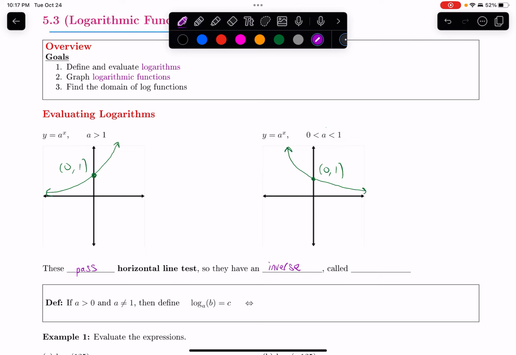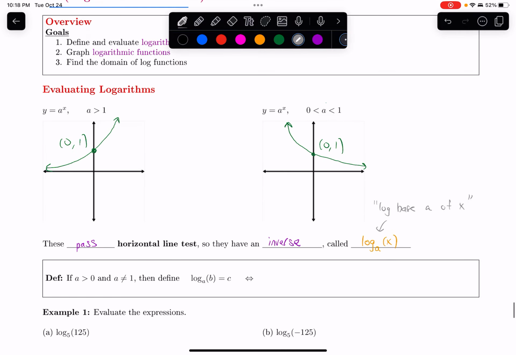The inverse of an exponential function is called a log function. I write it as log base a of x. In words, we say this is log base a of x, where that subscript is called the base. Let's define this a little more formally.